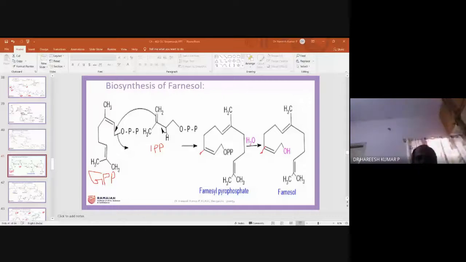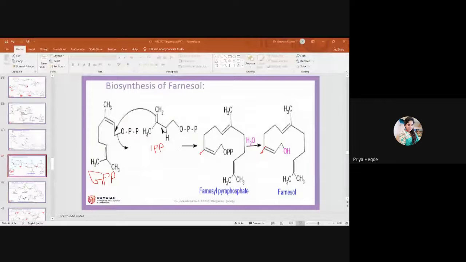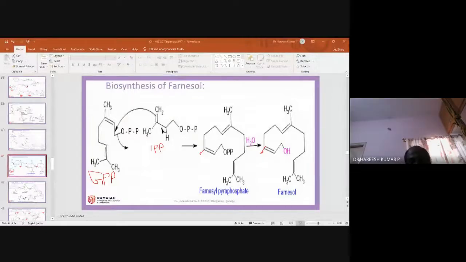Could you see the slide, biosynthesis of farnesol? Yes, sir. Okay, fine. So the farnesol is obtained by the combination of, I will take a pointer, geranyl pyrophosphate and isoprenyl pyrophosphate.